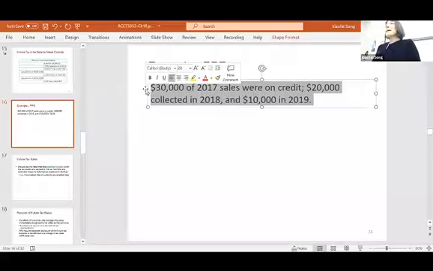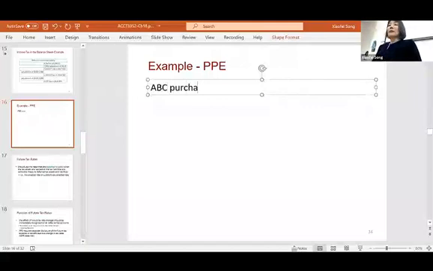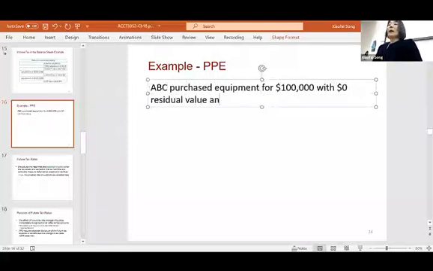So let's say ABC purchased equipment for 100,000 with zero residual value, and let's say a 5-year useful life.